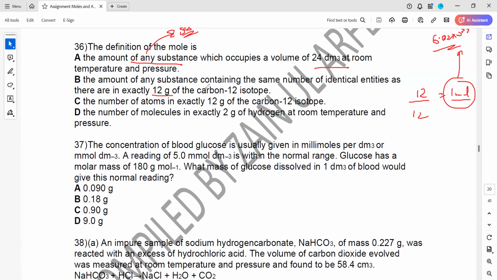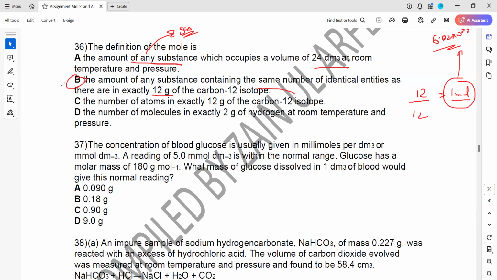So the amount of any substance which contains Avogadro's number of particles, we call that a mole, even if it is a solid, liquid, or a gas. 1 mole of a solid, a liquid, or a gas all have the same number of particles. But for gases, 1 mole, having 6.02 times 10 to the 23 particles, will occupy 24 dm cube.